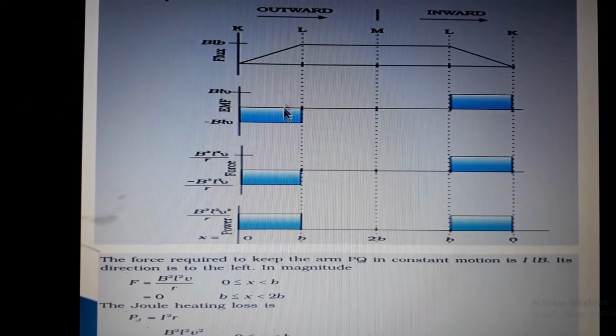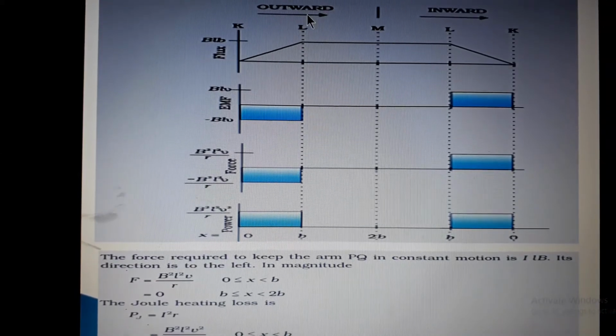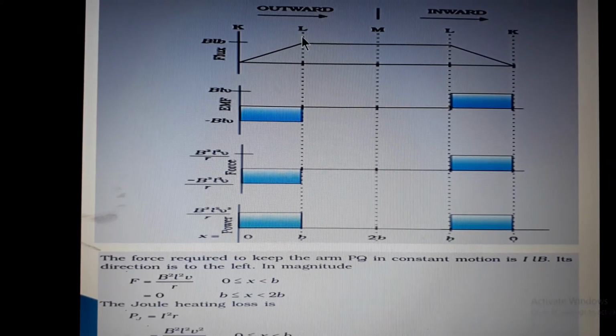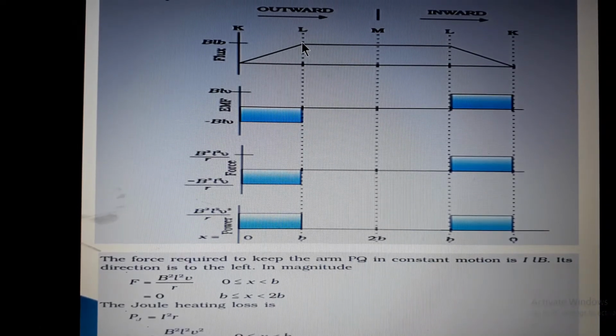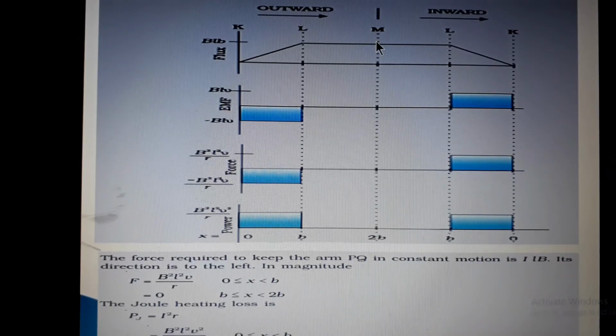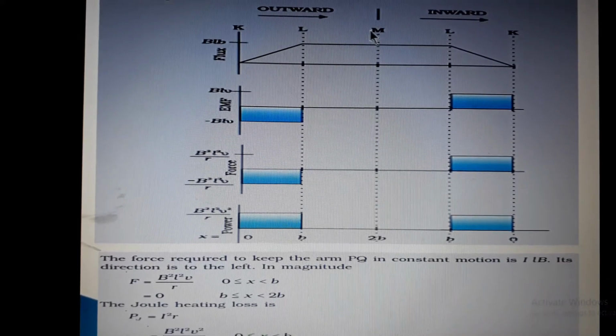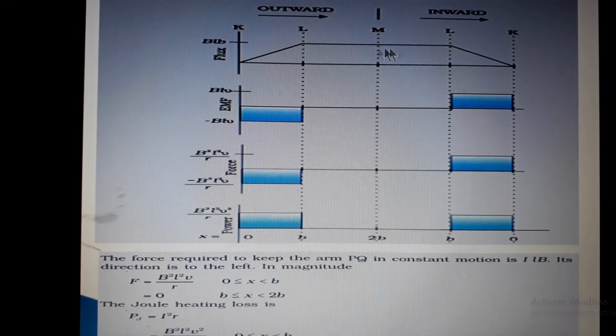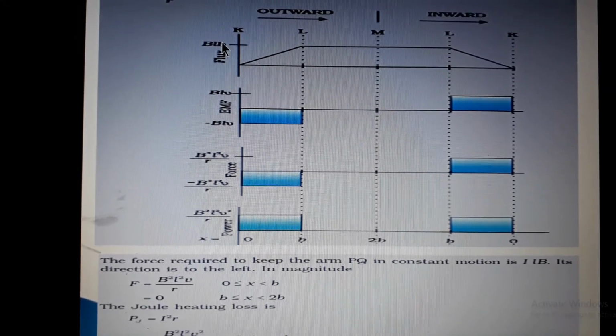Now this is the sketch diagram. Outward means when the rod is moving from outside: the rod at position L moves from L to M, and then the rod moves inward, from M to L. So in that region, the flux phi varies with BLv.